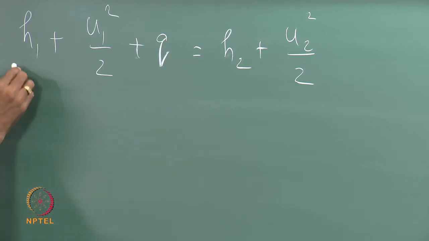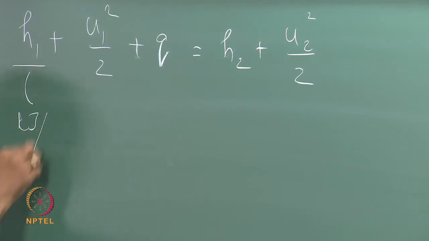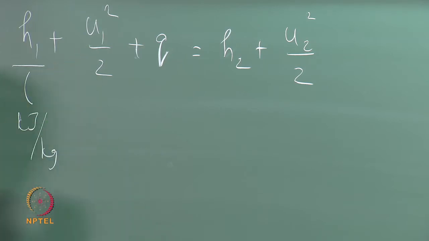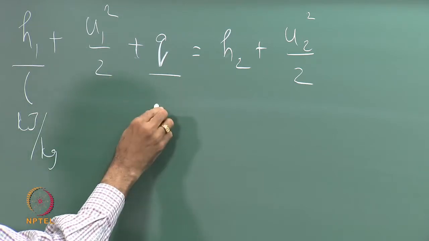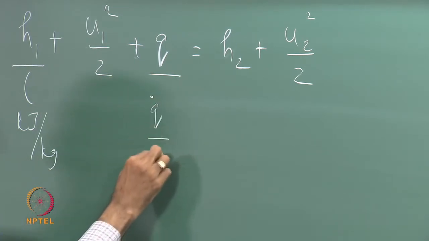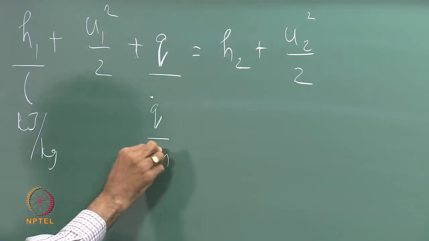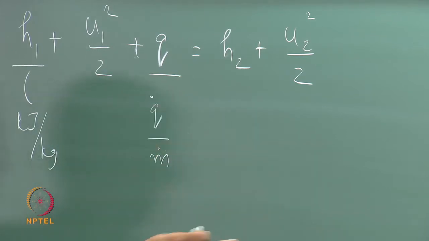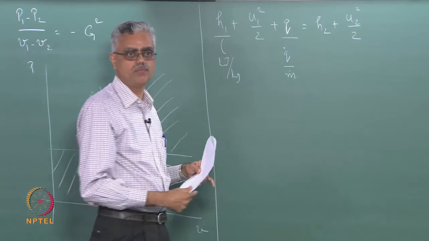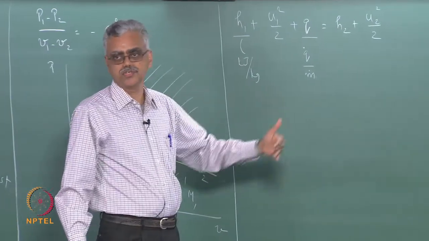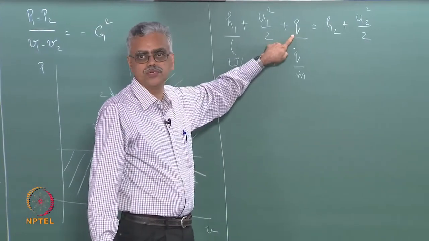Okay. So, this has units of, usually kilojoule per kilogram or joule per kilogram. This quantity also has the same units. This is actually Q dot divided by M dot, okay, where Q dot is kilojoule per second, the rate at which we are adding heat, and M dot is the mass flow rate, which is kg per second. So, that this comes out to be in units of kilojoule per kilogram.